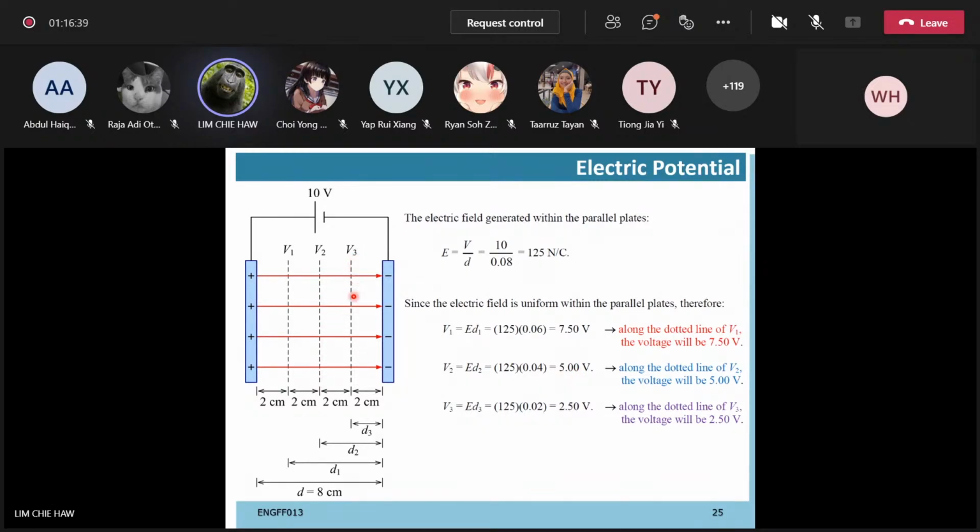And along that dotted line, for V3, you get 2.5 volts. So this is just a simple calculation to show you how to get the value of the potential at a specific equipotential line. We always take the negative plate as the ground, so ground is always 0 volts.